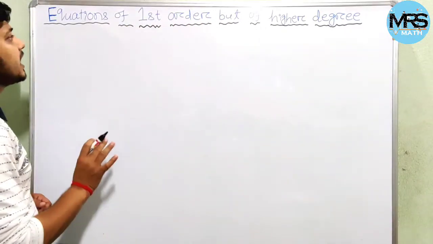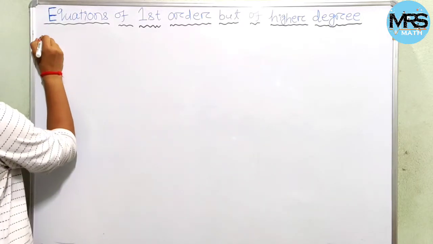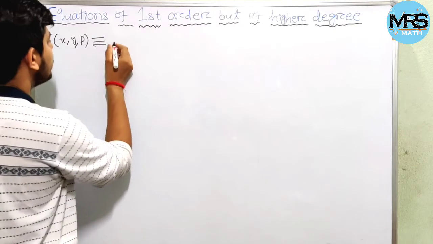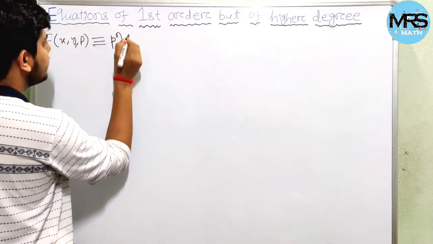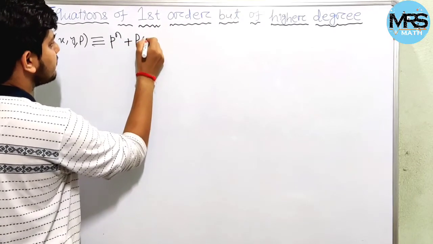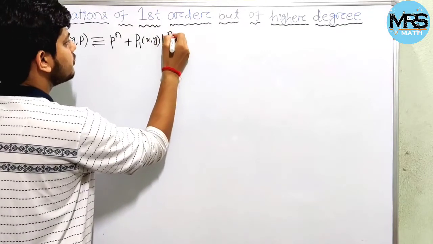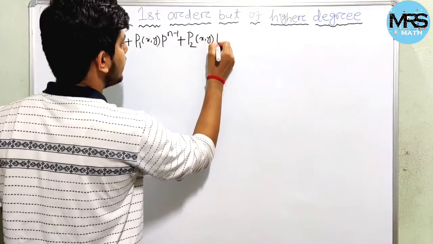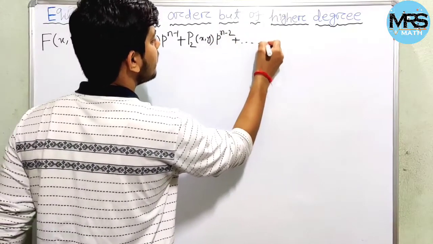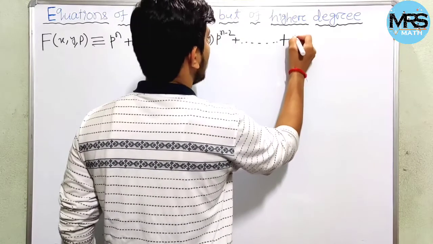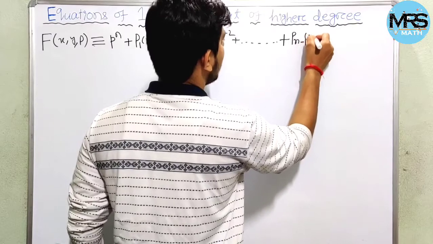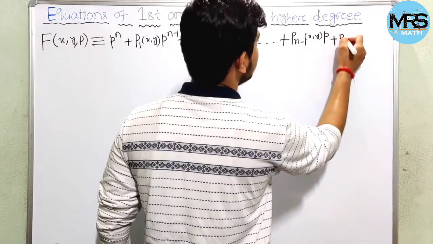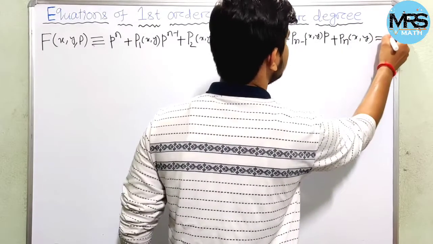Let us write the general form of a first order and higher degree differential equation: p to the power n plus P1 of x comma y into p to the power n minus 1 plus P2 of x comma y into p to the power n minus 2, up to P n minus 1 of x comma y into p plus Pn of x comma y equals 0.